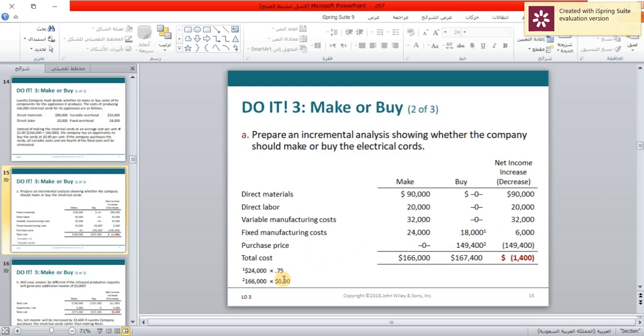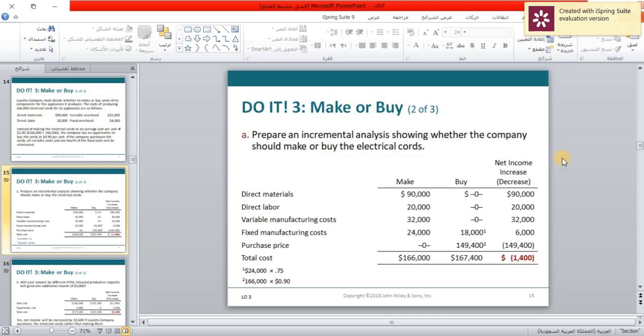The purchase price will be 166,000 units times 90 cents, which equals 149,400, negative. Total effect negative 1,800.